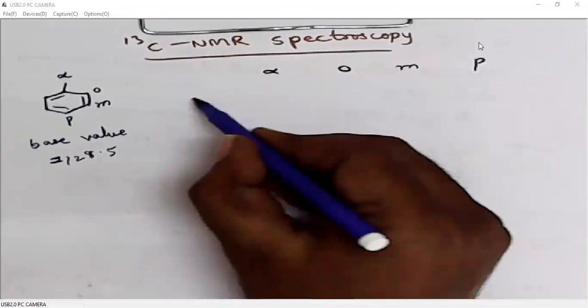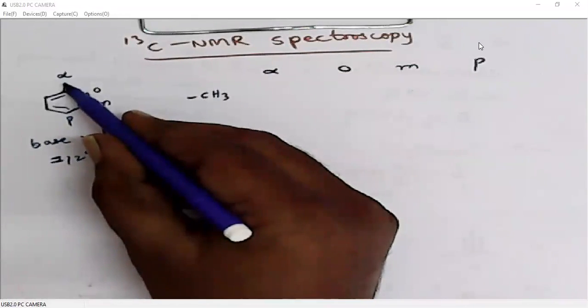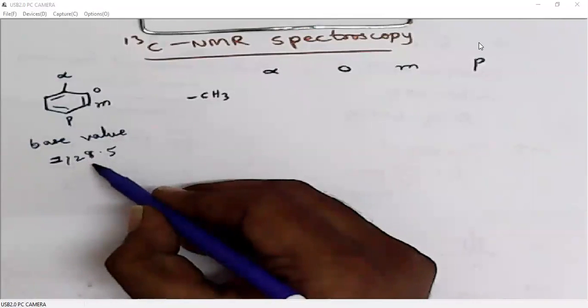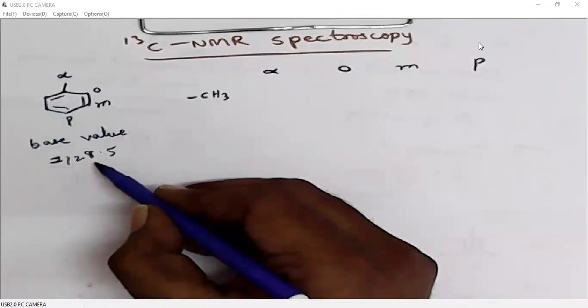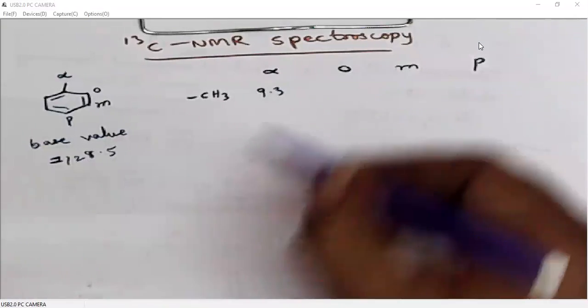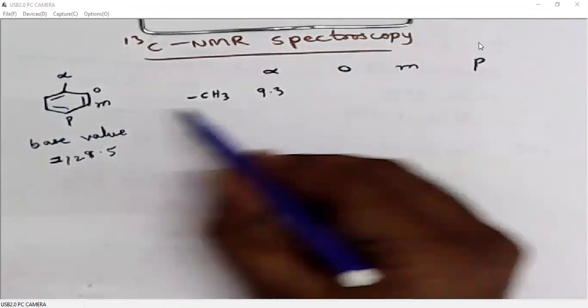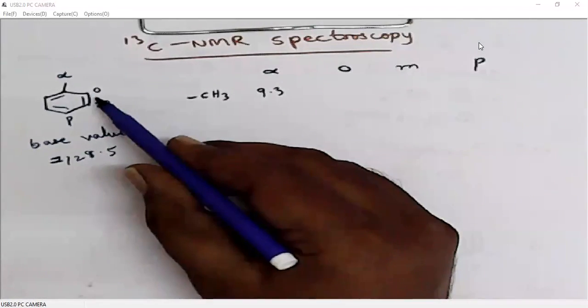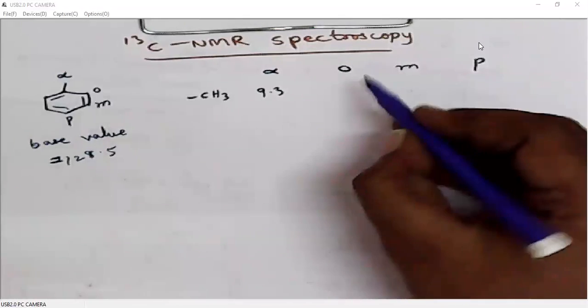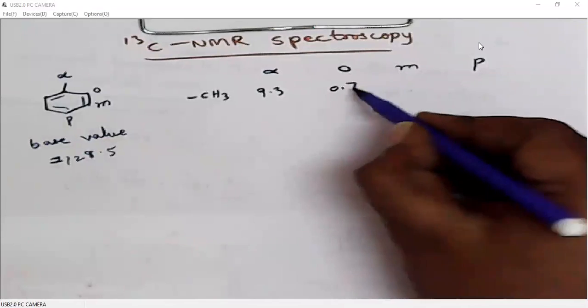Right. When we have a methyl group at this position, we will take 128.5, and we will add 9.3 to this. If this methyl group is at ortho position, instead of 9.3, we will add 0.7.